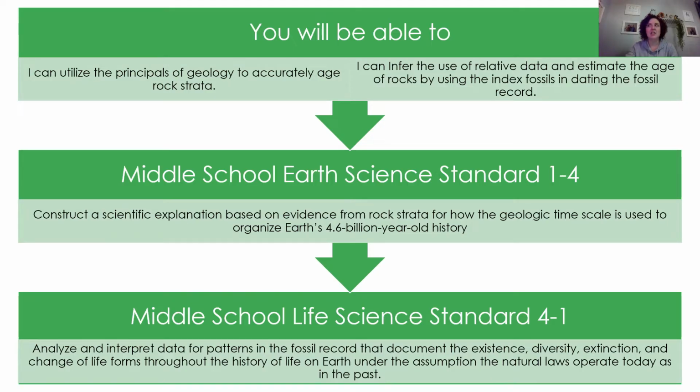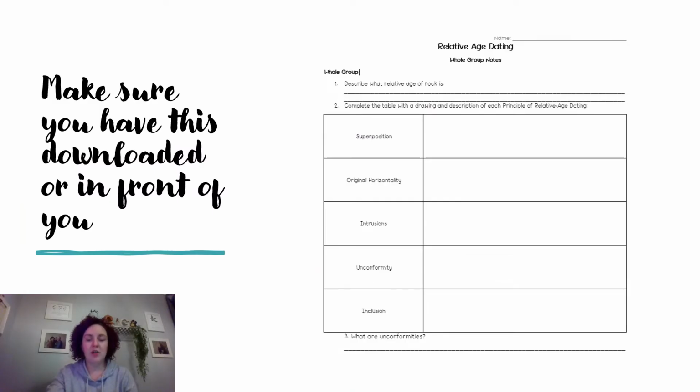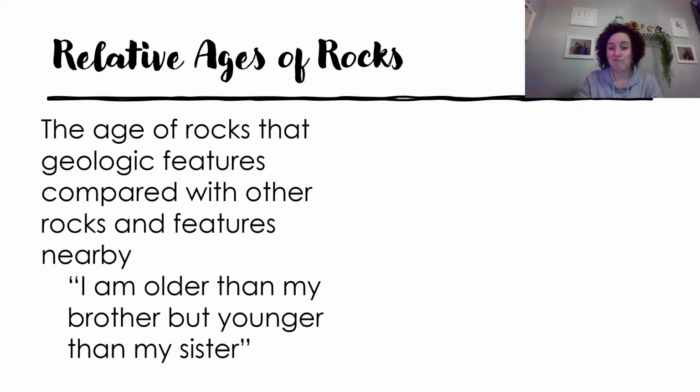This is the concept of being able to look at the fossil record and identify how old something may be just because of where it's located within our surface. So we'll go through all of that. Make sure that you have your notes in front of you, for sure the whole group notes, and we will go through all this.